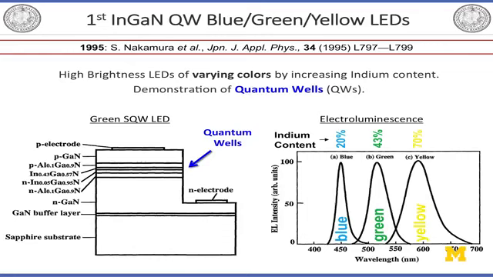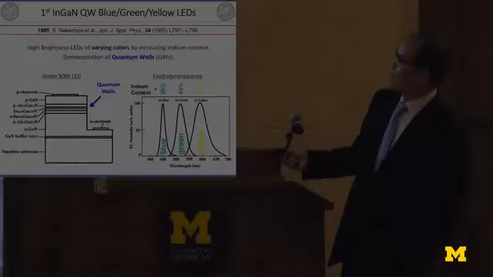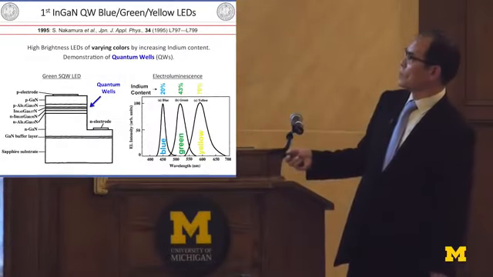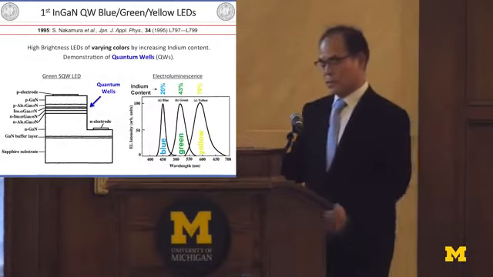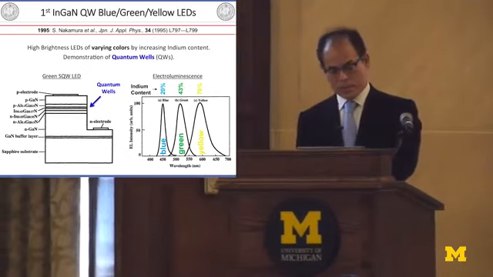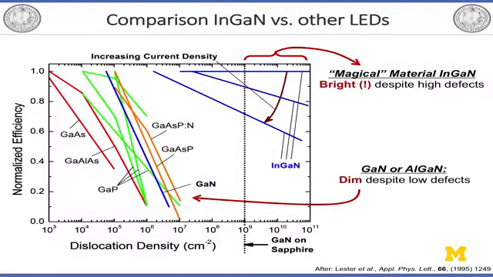So these are still the basic structures. Currently, all blue and green LEDs use similar structures. Basically, the active layer is an indium gallium nitride quantum well. On the quantum well, we put the electron blocking layer, and all LED companies still use similar structures. This shows the efficiency of all kinds of conventional LEDs as a function of the dislocation density, the number of crystal defects.